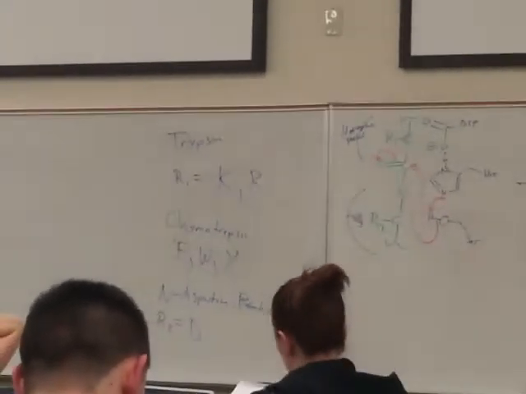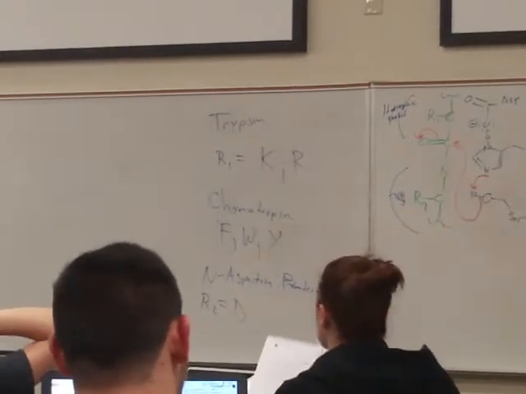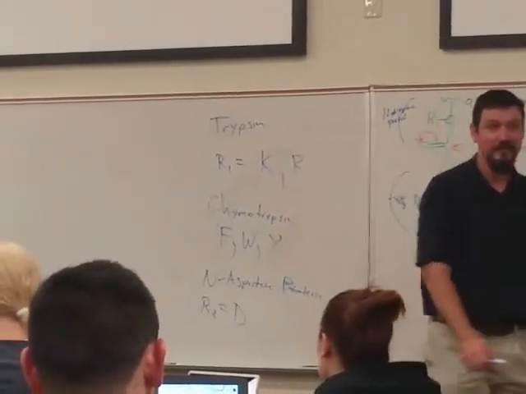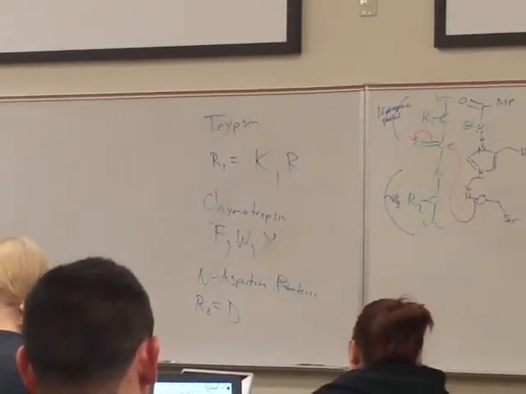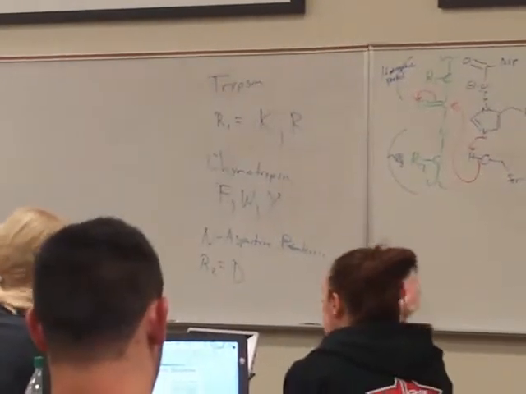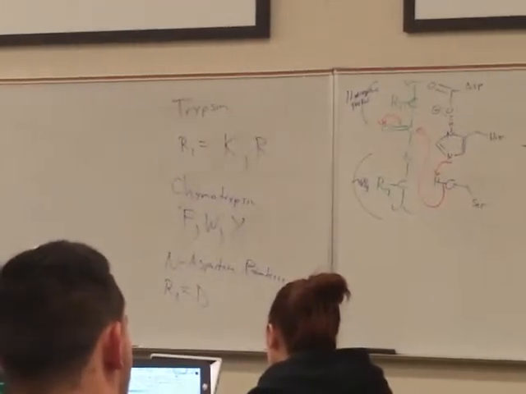If you mutate that to a valine or something hydrophobic, potentially you could make it active towards hydrophobic residues. I know I skipped off there, but this is something we're able to do now. We can actually re-engineer enzymes.